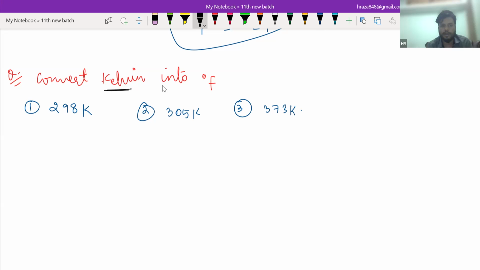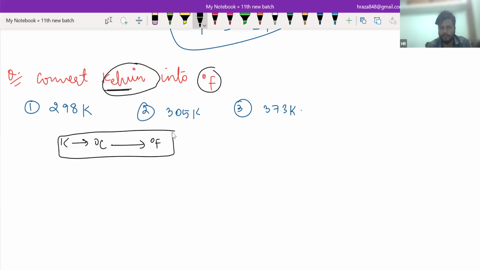See, for Kelvin into degree Fahrenheit there is no direct relation, but Kelvin can be converted into degree centigrade, and degree centigrade can be easily converted into degree Fahrenheit. Whatever Kelvin is given, subtract 273 and you will get degree centigrade.